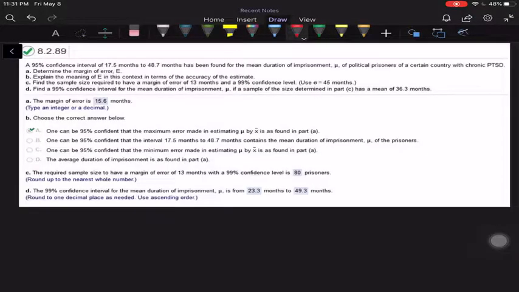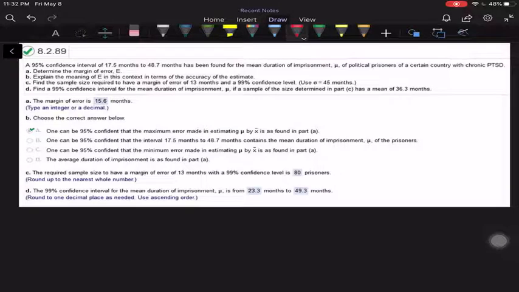Now let's take a look at another problem from my math lab. This problem gives us a 95% confidence interval of 17.5 months to 48.7 months that has been found for the mean duration of imprisonment, mu, of political prisoners of a certain country with chronic PTSD. Question A asks us to determine the margin of error, or E. In this case, you can see that we can't really use the formula, but we are given a confidence interval.